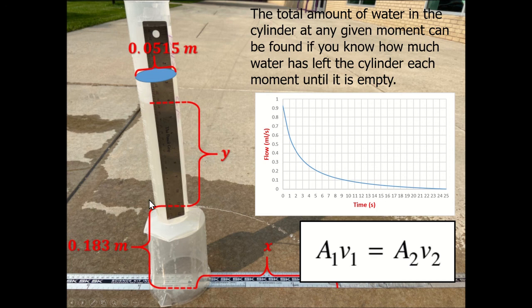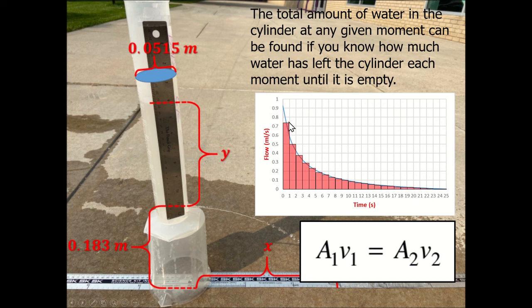We're going to make an analogy with the amount of charge on a capacitor. We can calculate how much water is in there if we know how much water is leaving every moment until there's no more water in there. What we're doing is just finding the area under that curve.